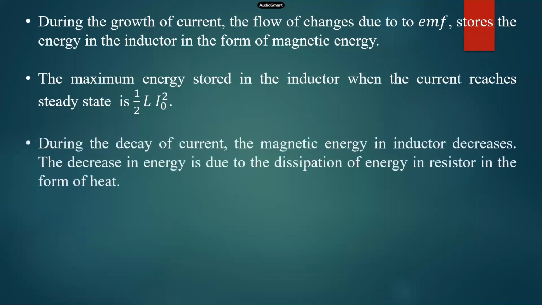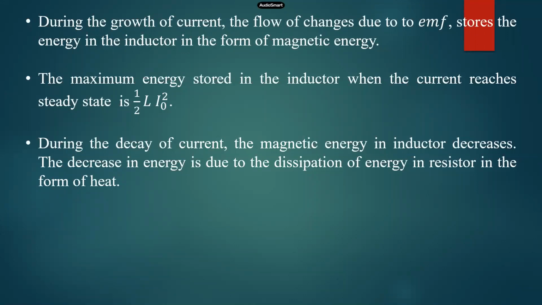So when decay of current takes place, when the battery is suddenly disconnected, the magnetic energy in the inductor starts to decrease. The decrease in energy is due to the dissipation of energy in the resistor in the form of heat. Okay, so how does the energy decrease? The magnetic energy stored in the inductor will be converted into heat energy or radiation energy.